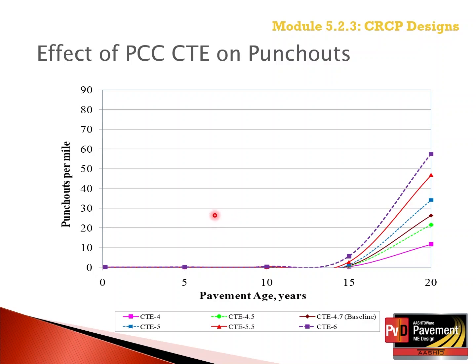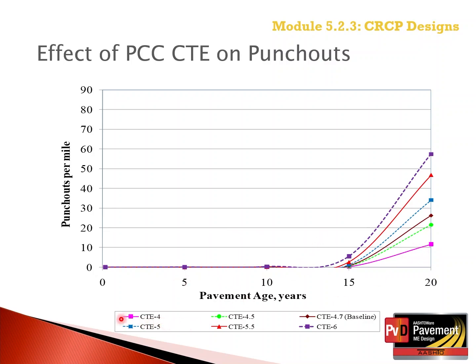However, lower CTE values reduce the curling and warping of the PCC slab or lower thermal movements. Selecting some aggregates with the lower CTE values, even if they have to be imported, can result in more cost-effective designs because of its impact on the number of punch outs per mile.